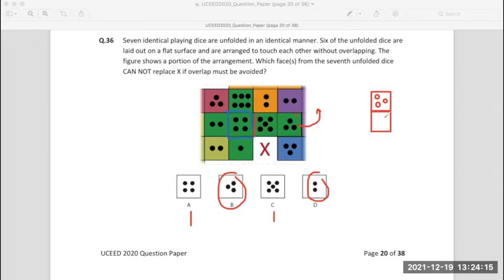So 1, 2, 3, 4, and 5. And in the middle, 4 is coming. I just write 4. And then at the bottom, 2 is coming.